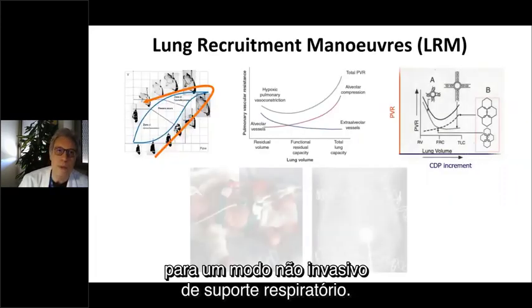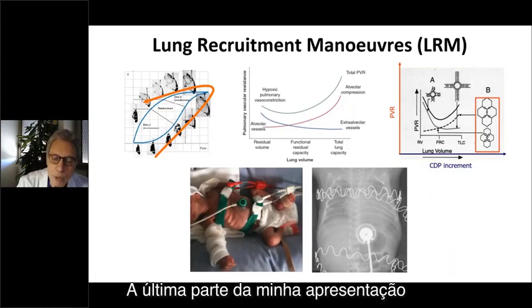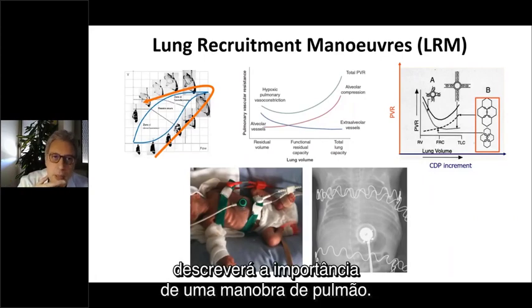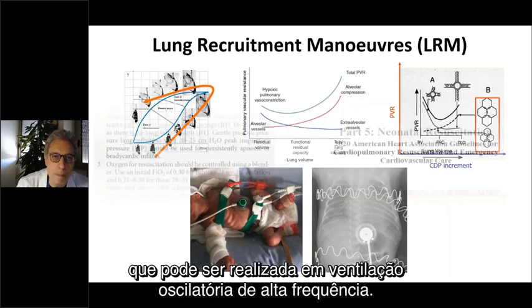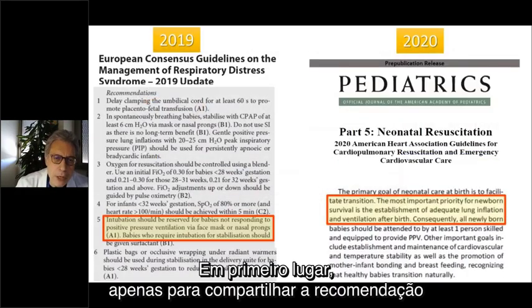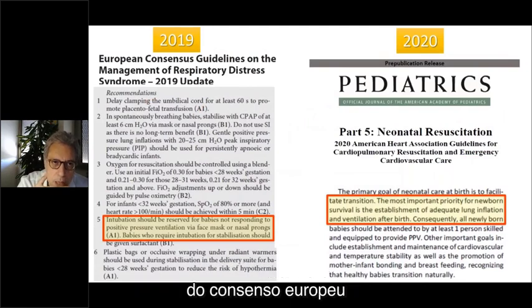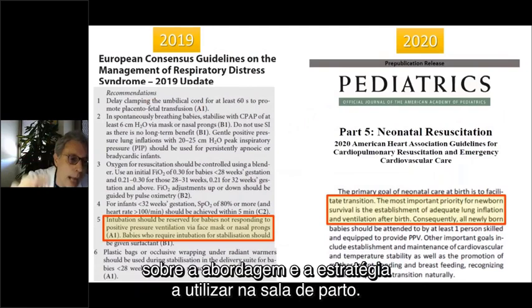The last part of my presentation will describe the importance of a lung recruitment maneuver that can be performed with high-frequency oscillatory ventilation. First of all, just to share with you the recommendation of the European Consensus Guideline regarding the approach and the strategy to be used in the delivery room.